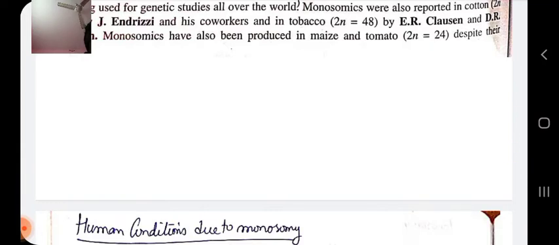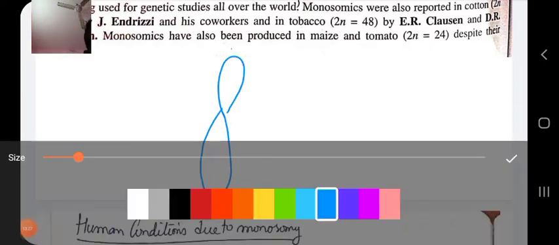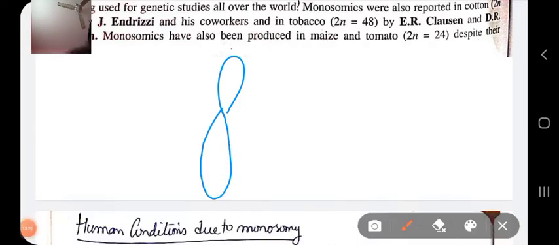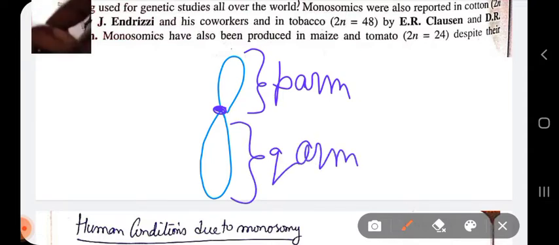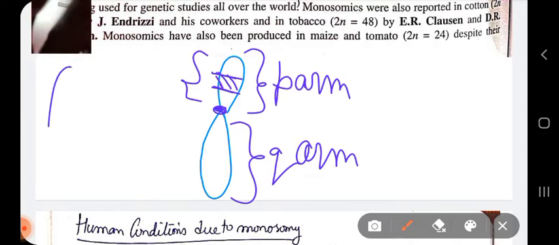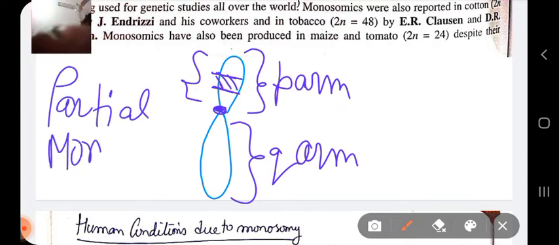For instance, we have a short arm and a long arm, with a centromere between them. The short arm is known as the P arm, whereas the long arm is known as the Q arm. Suppose a short segment of the P arm is lost; that is also known as partial monosomy.